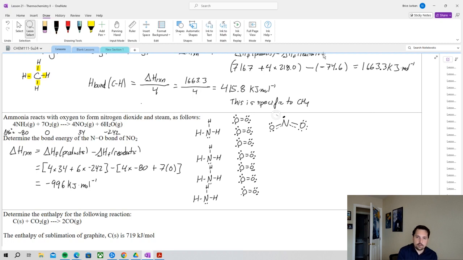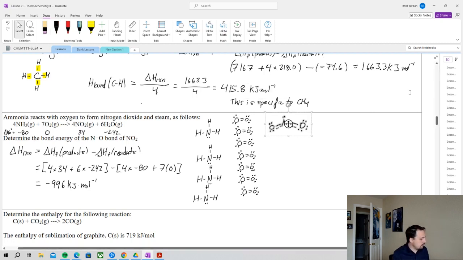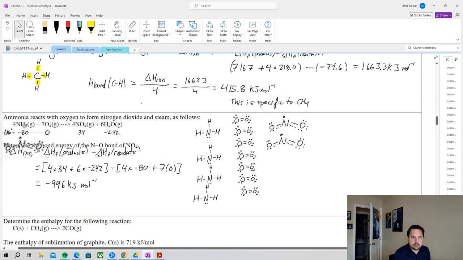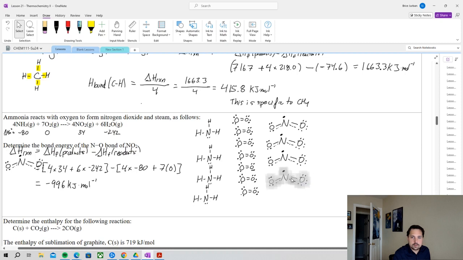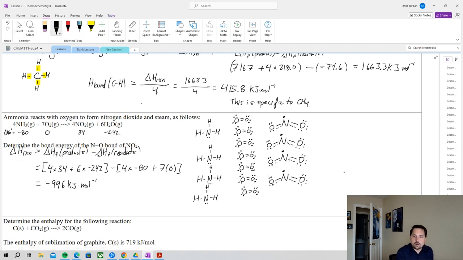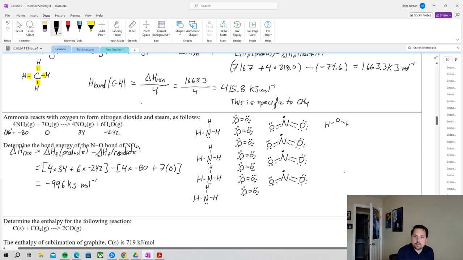Now there are 4 of these that get formed. And then for the water, we're going to have 6 of those.